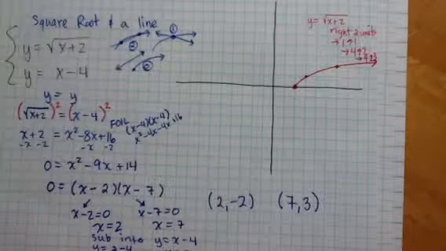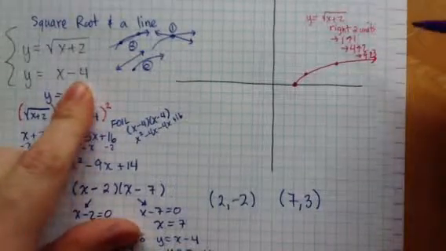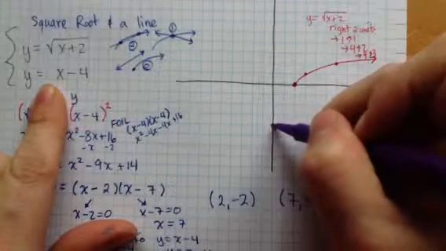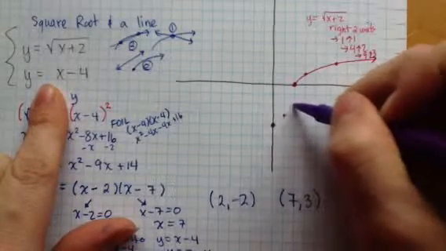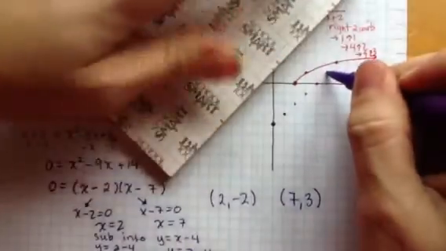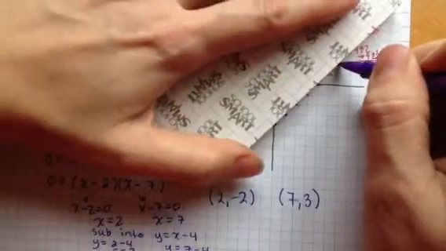And my other equation is a line. We have a y-intercept at negative 4 and a slope of 1. So 1, 2, 3, 4, negative 4, over 1, up 1. And we'll connect those dots, and it looks like those two graphs are going to meet up in one spot.